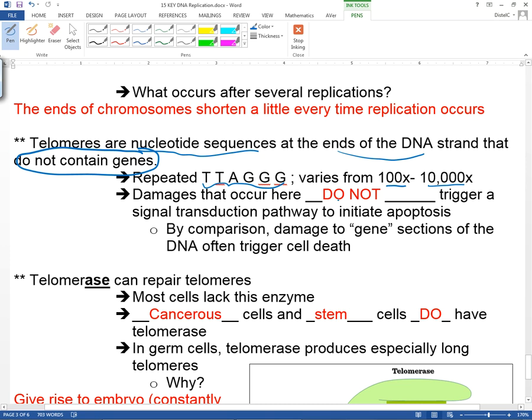If you have damage, like a mutation in a telomere, it would not trigger apoptosis because it's not necessarily damaging to the code of the organism. Whereas if you mutated a gene that codes for a protein, that could often be a signal to trigger cell death. Like, that's pretty bad to damage your gene regions.